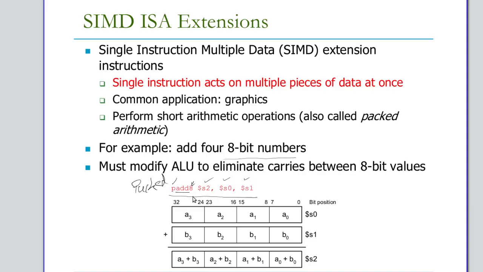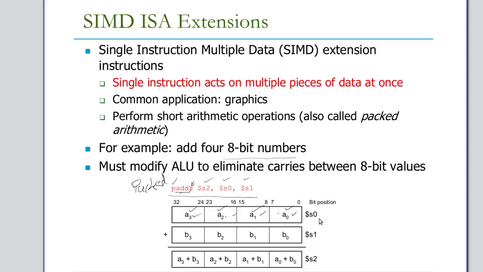As you are able to perform addition, here what you are doing is your 32-bit register you are dividing into 8 bits, and you are having different data in each of 8 bits. First 8 bit having the value A0, A1, A2, A3. So in this 32-bit register you are storing 4 values, in separate 8 bits.